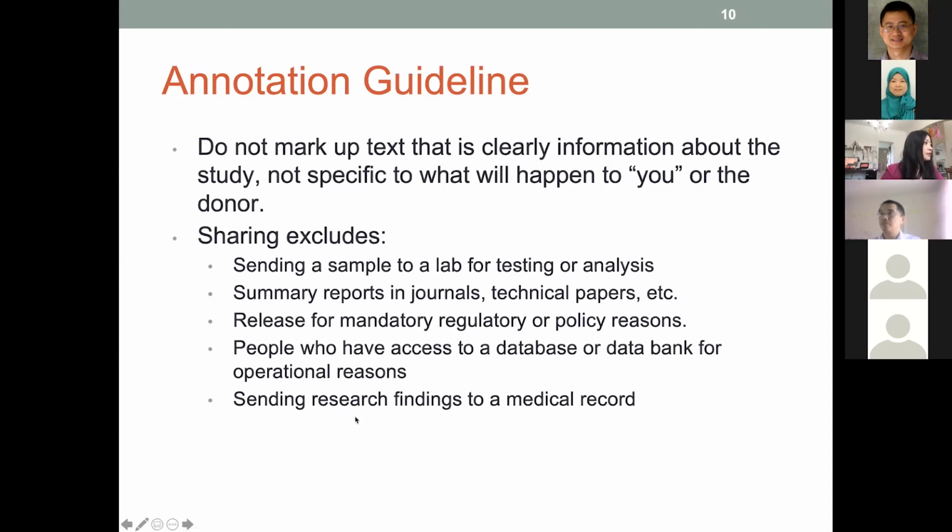And sending research findings to a medical record is also not considered sharing. And as you can probably imagine, this opens up a lot of interpretation, and it will be challenging to annotate those informed consent forms.